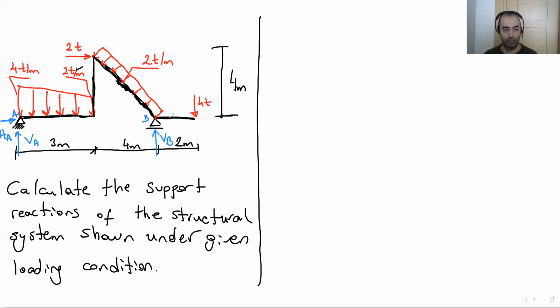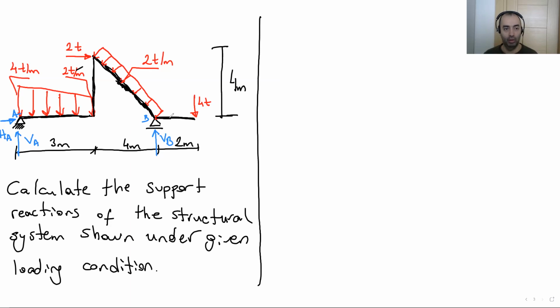Let's jump into the second one. In the second step, what are we going to do? Take a look at the loading. If we have distributed loads, we convert all these distributed loads to concentrated loads or point loads.